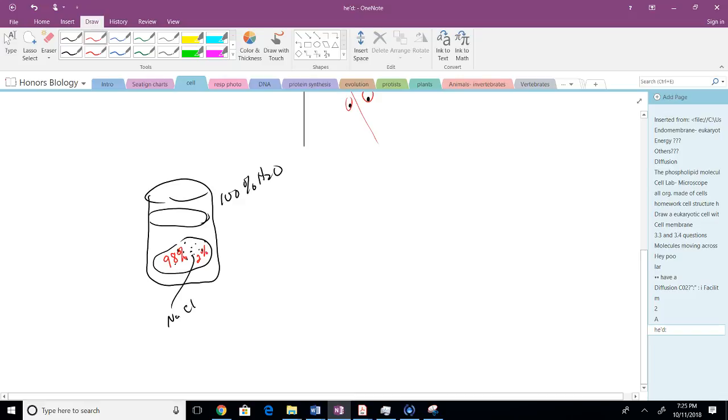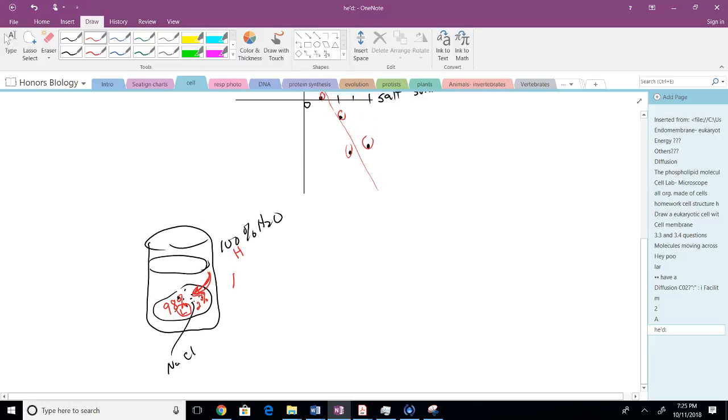Well, that means the water is lower on the inside of the potato. This is low concentration of water. The 100% water on the outside is high. Water is going to diffuse into the potato, and that makes it gain mass, and that makes it positive.